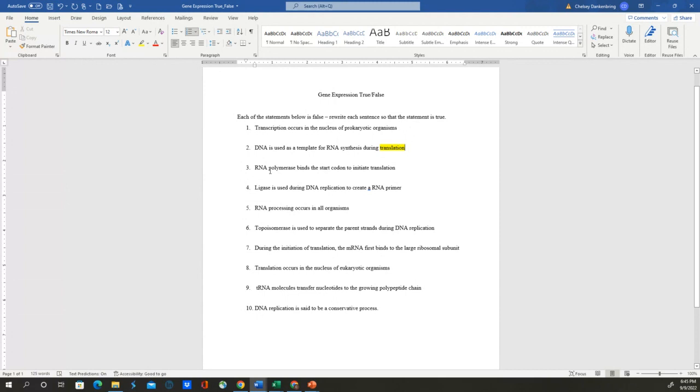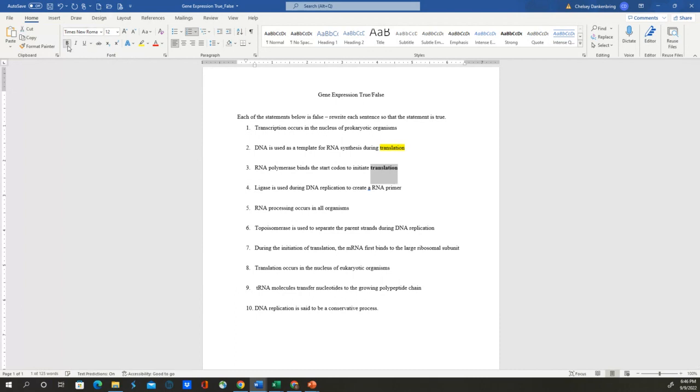All right, number 3, RNA polymerase binds the start codon to initiate translation. So this one you can't actually fix by just changing one word. So how could you edit this sentence to make it true? I'm gonna wait just a second to see if people are typing. Good, Colette. That is one thing you could definitely change.